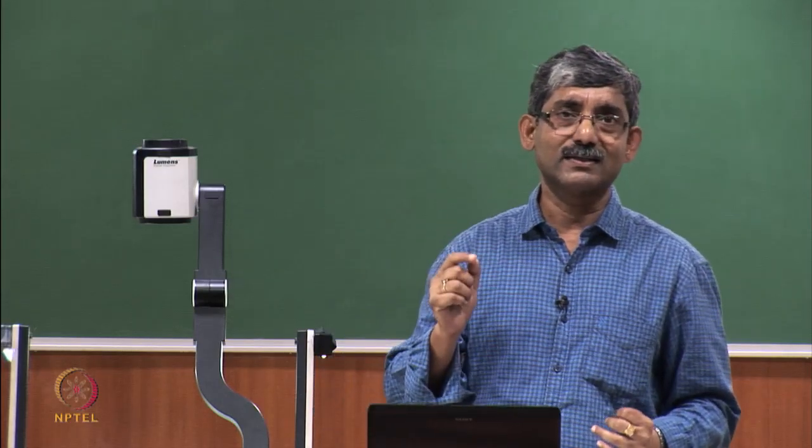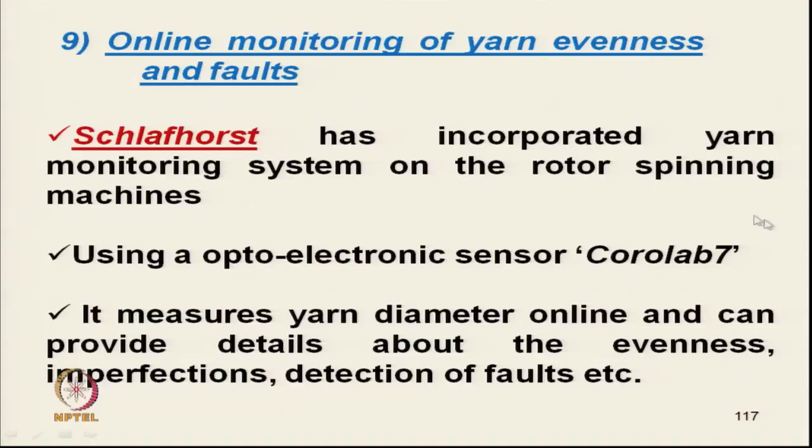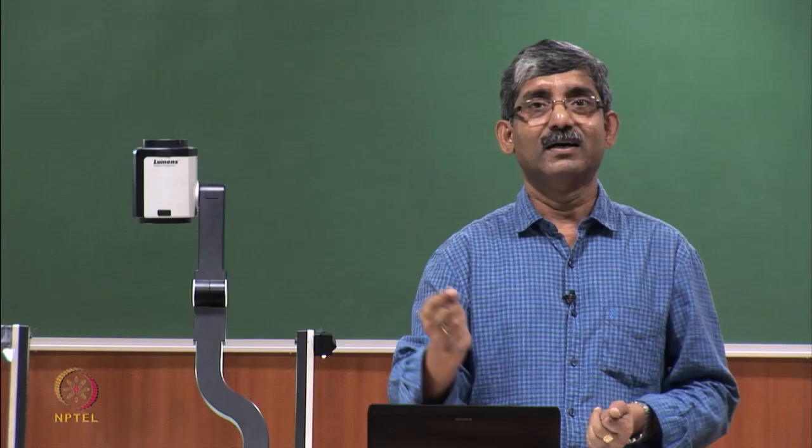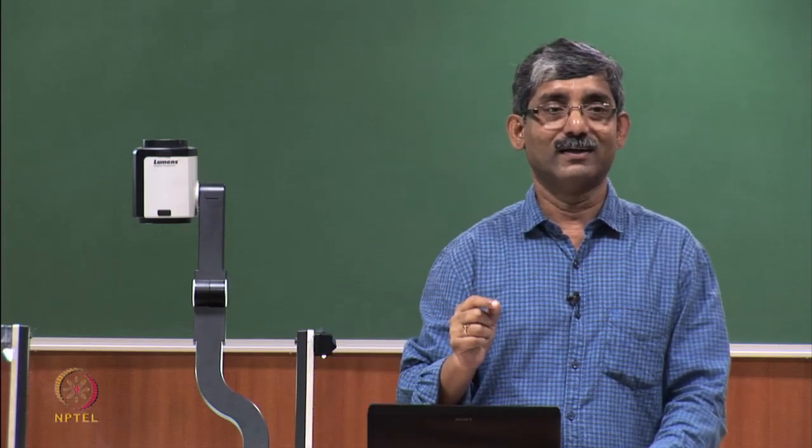But in machines like the Schlafhorst Corolab rotor spinning machine, they have fitted an optical sensor with each and every rotor box, and it measures the variability of the yarn online.